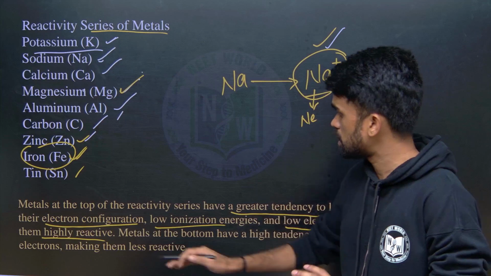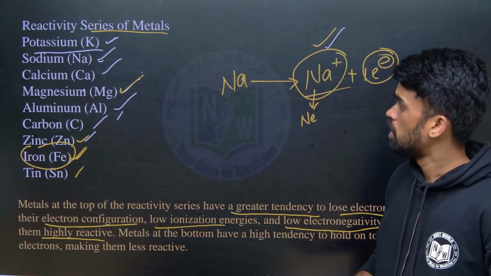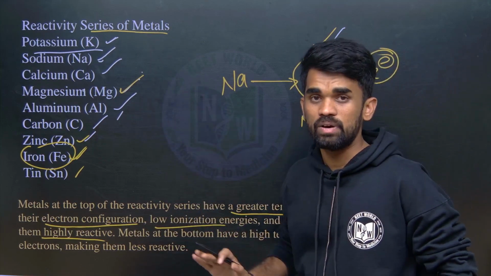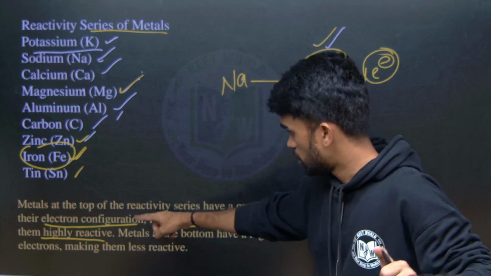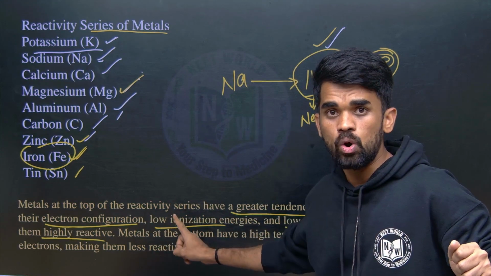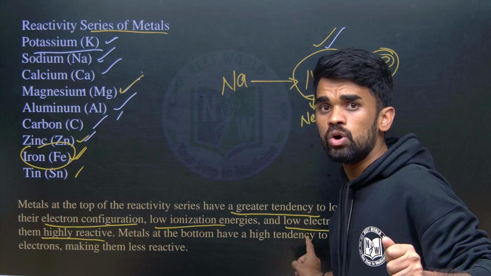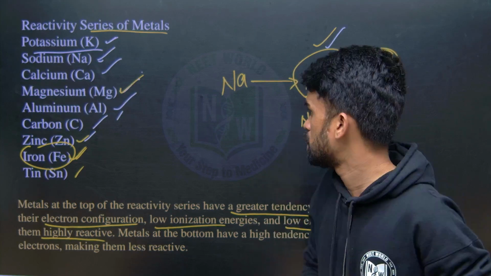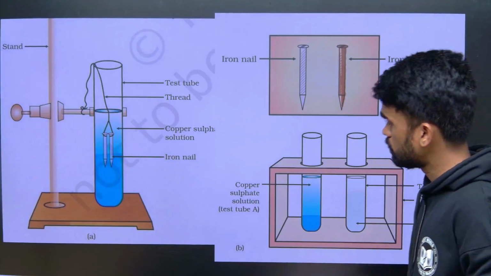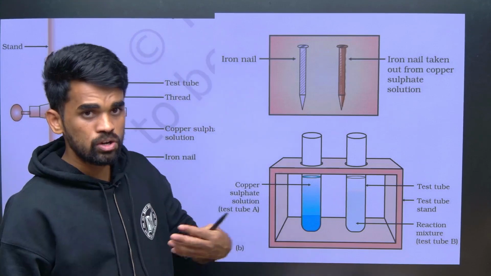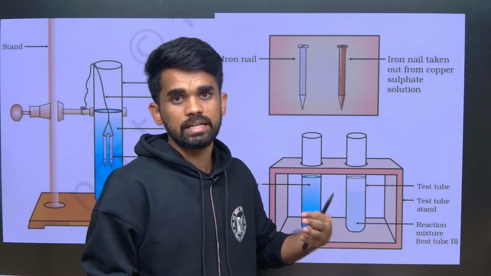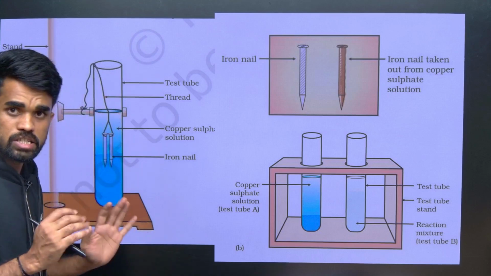So these are the 3 points you should remember, the reasons for their reactivity: their stable electronic configuration, low ionization energy, and low electronegativity. Something you will be studying about is reduction potential values. We will be discussing that in later classes.